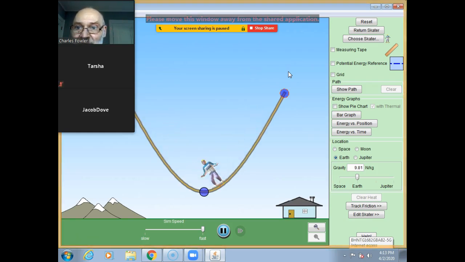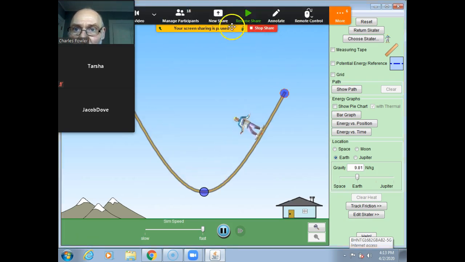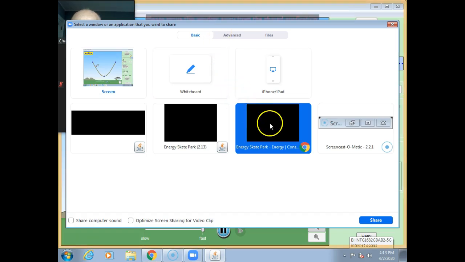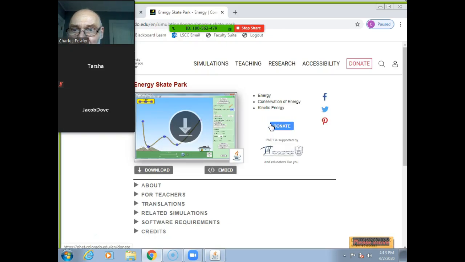No. It says my screen sharing is paused. Why is it paused? I thought I did that. Oh, wait. I see. It stopped when I left Blackboard. Okay. Thanks for telling me.